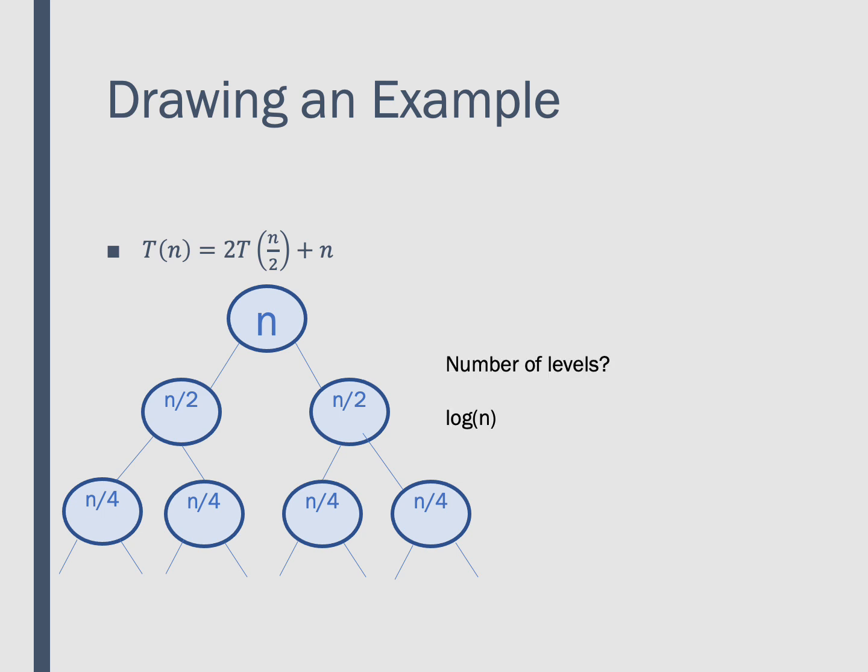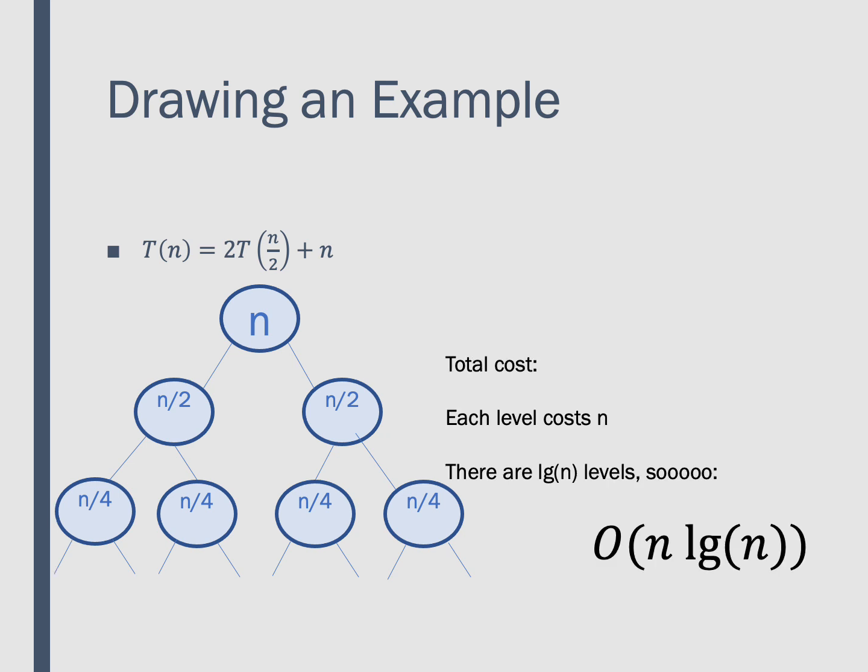So the number of levels here is log n. Now the total cost: each level costs n. There are log n levels, so big O of n log n.